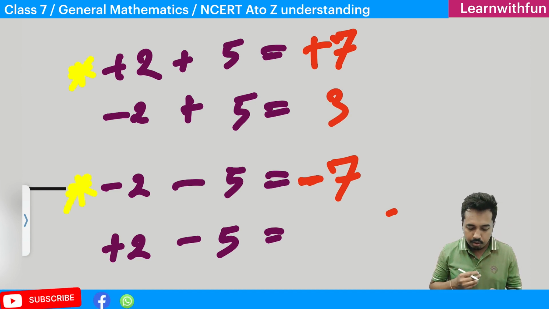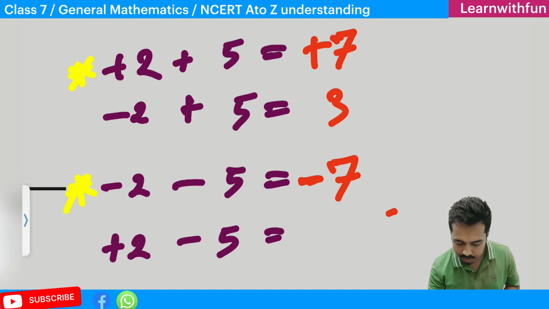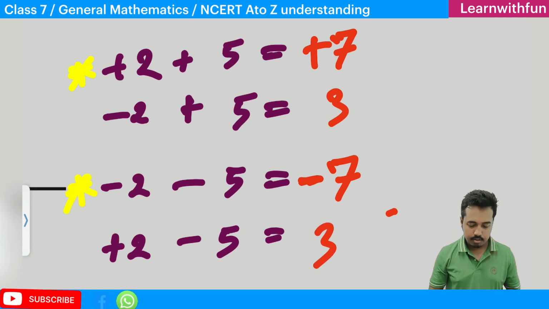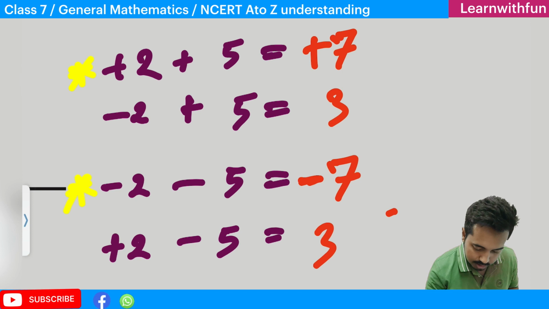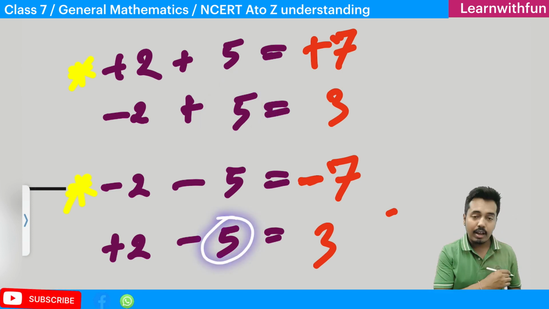And in the fourth case, there is a positive sign before 2 and a negative sign before 5. So you will have to subtract 2 from 5 and then you will get 3. But you will have to put the sign which is before the larger number. In the second case, the larger number is 5, and in the fourth case, the larger number is 5.